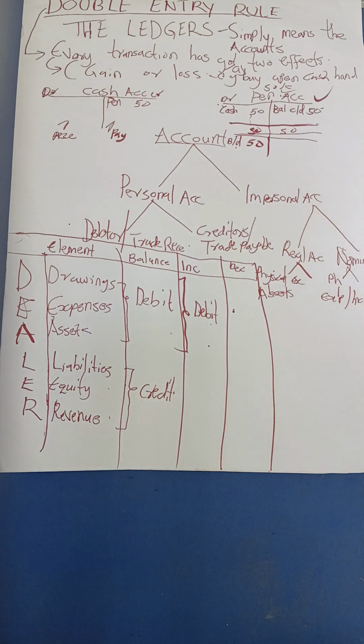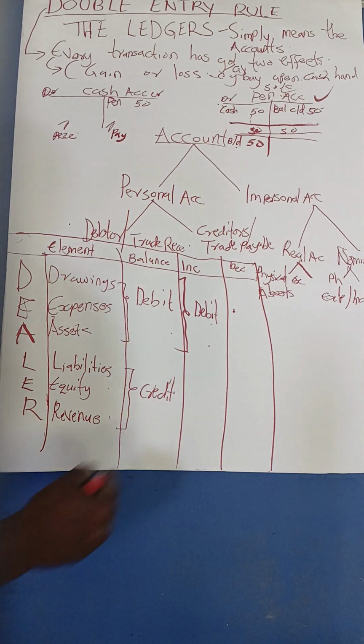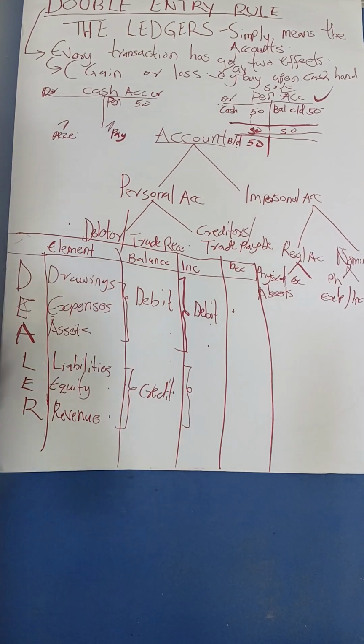So when we are opening that account or ledger, we are going to debit that account. Now, what about these three, the liabilities, equity, and revenue? When they increase, what do we normally do? We are going to credit.